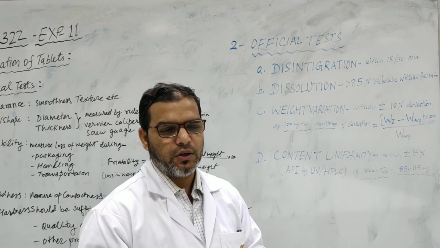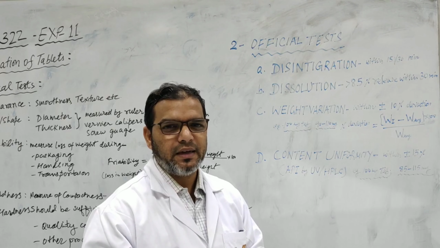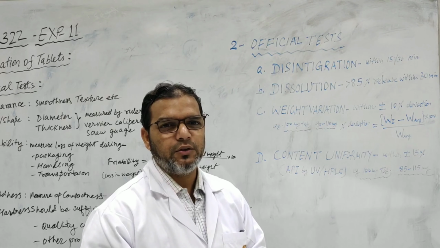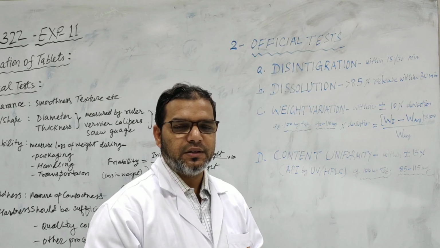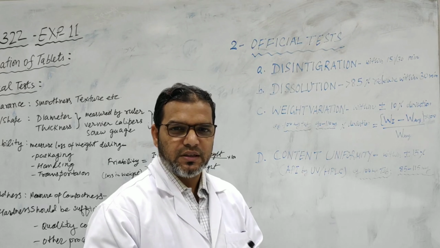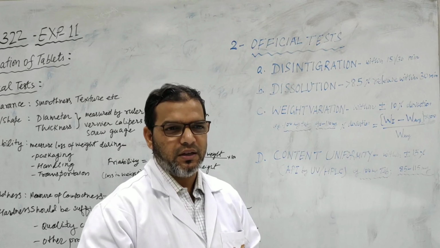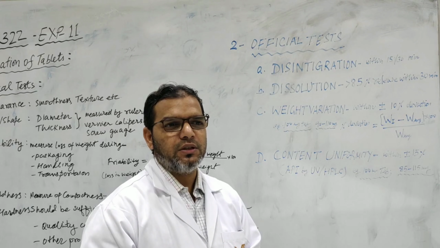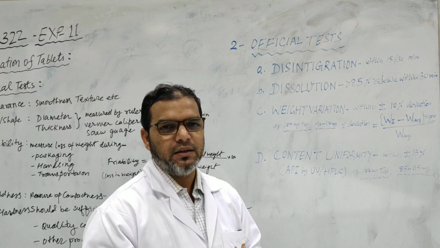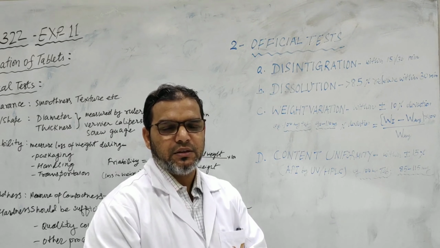Later on it will dissolve. So you simply measure the time to break down, nothing else. So it is a very simple test. There is a disintegration machine. You put 6 tablets there and you measure the time to break down. There is a screen. You see that there is nothing on the screen after the test is finished.